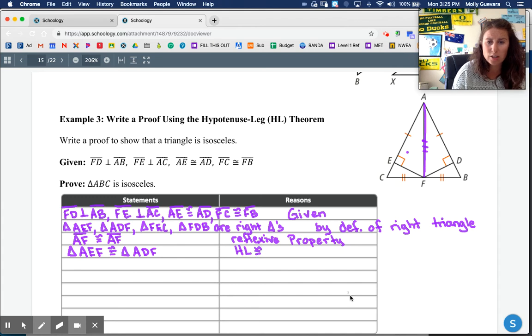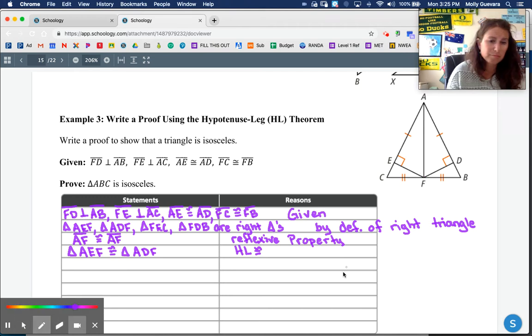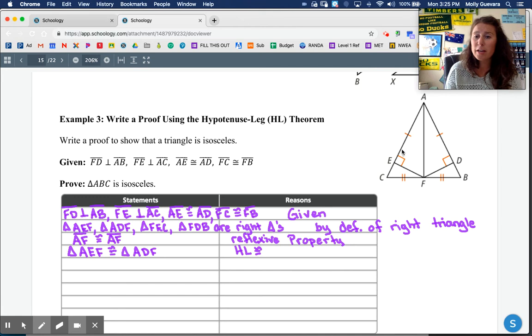It's a right triangle. I know the hypotenuse is the same in both triangles, and I know one of the legs is the same in both triangles. Okay? So since these two triangles are the same, that also means that this side is the same, right? That side's the same in both triangles.